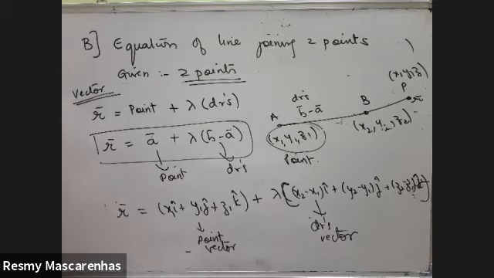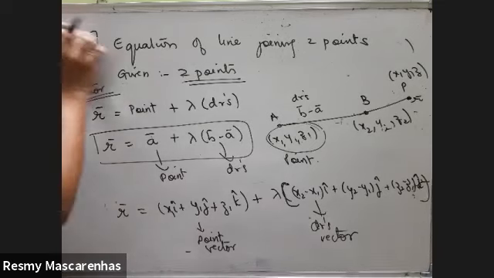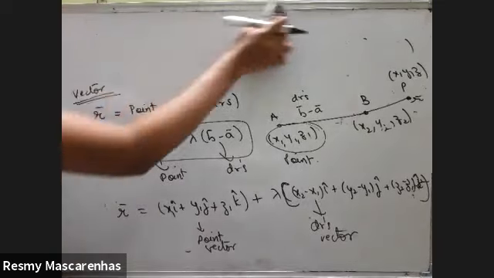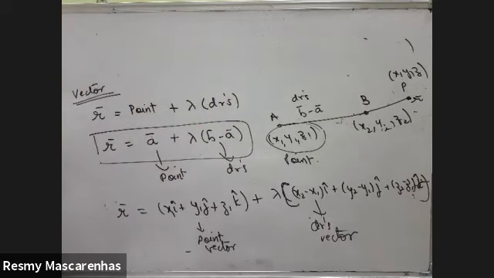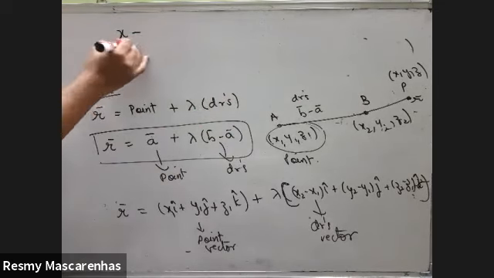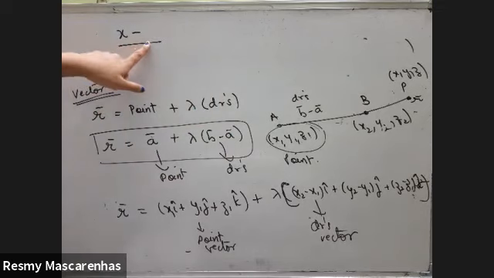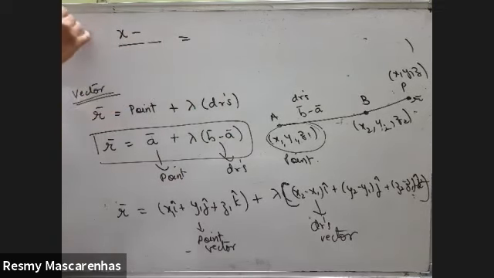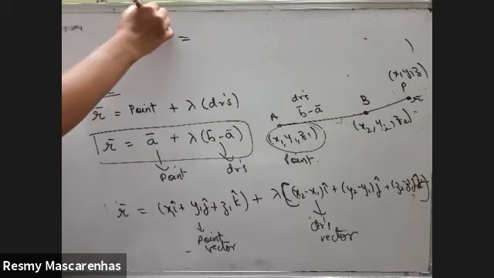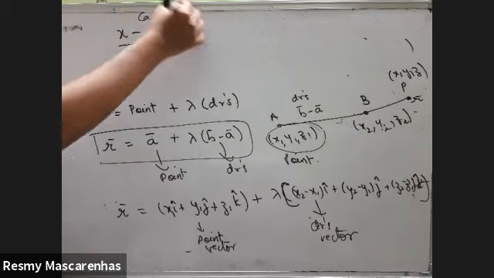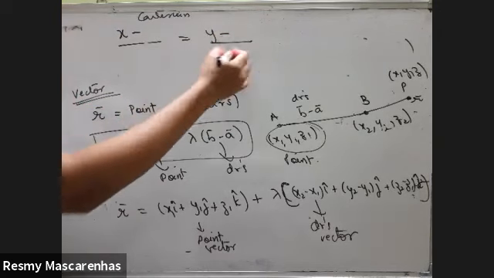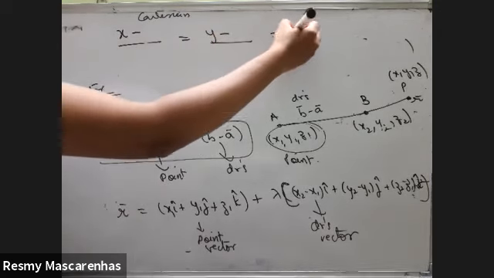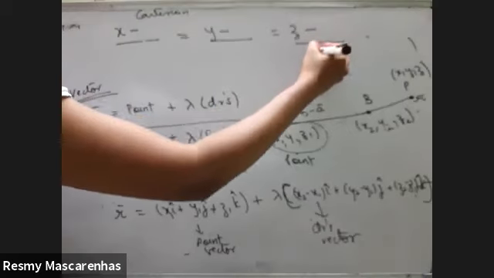We'll start solving the problem. Cartesian is left now. So this is vector and now the Cartesian form. Cartesian, I told you, is always x minus the point upon the direction ratio. This is the Cartesian form which we are writing. Then y minus the point upon the direction ratio is equal to z minus the point upon the direction ratio.